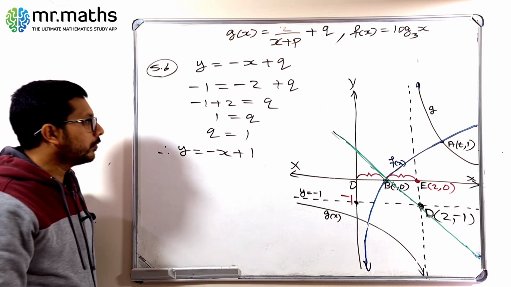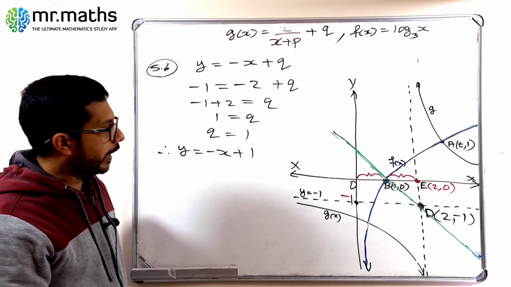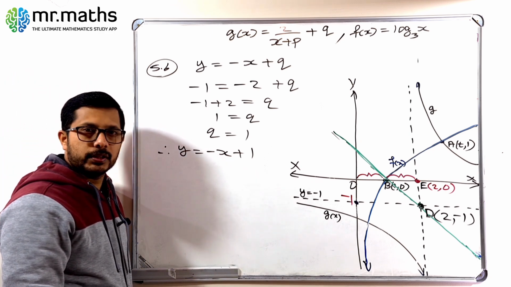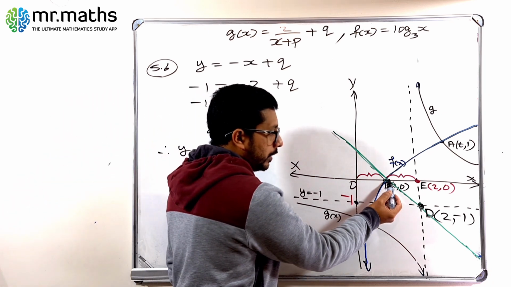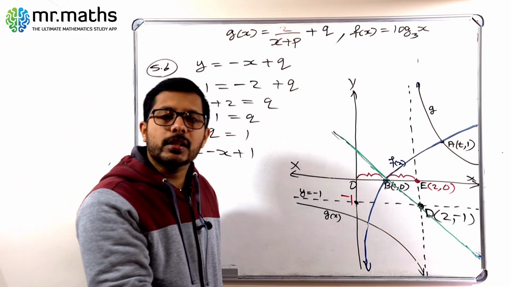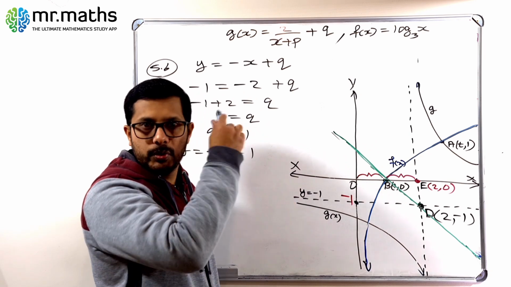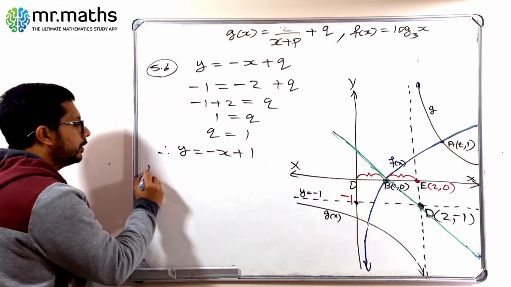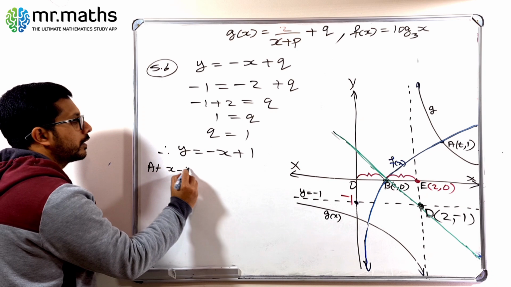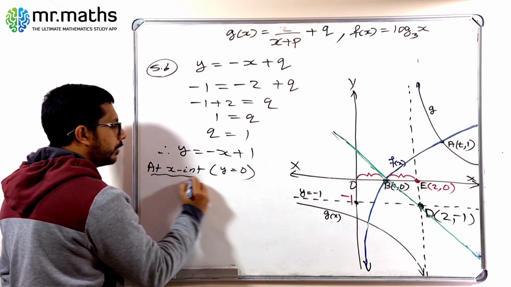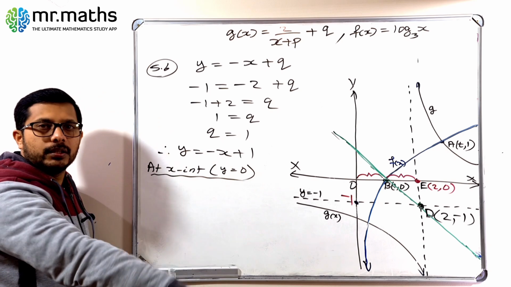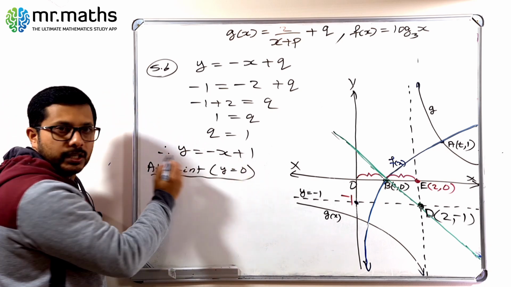Now try to find the x-intercept of that graph. We have to check whether the point (1, 0) is a point on that line. At the x-intercept, y = 0. I'm trying to find the x-intercept of the line that we found now.